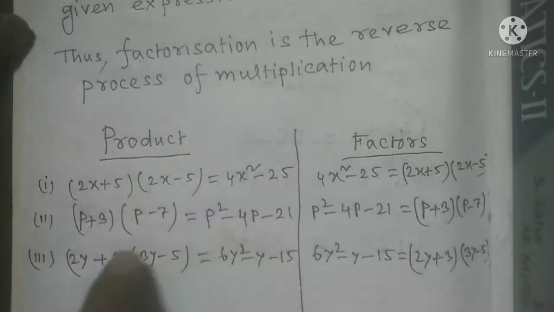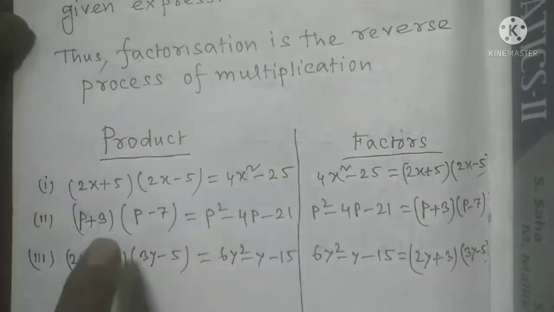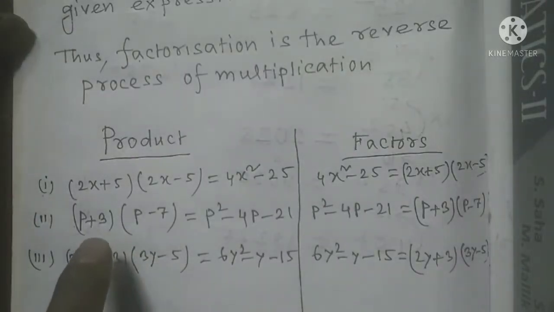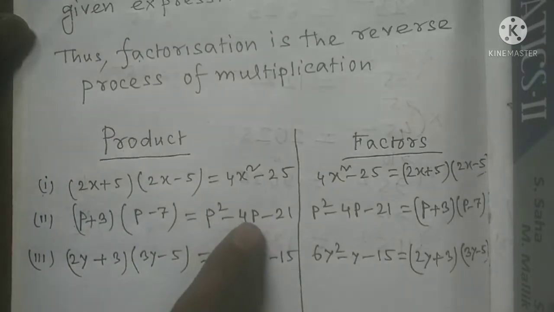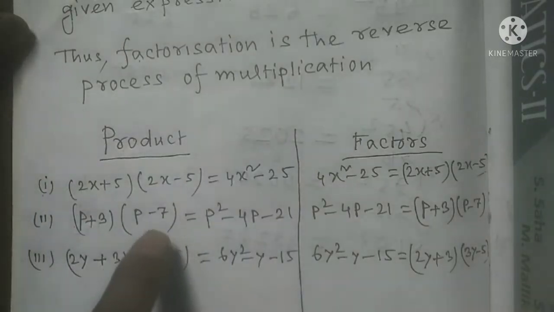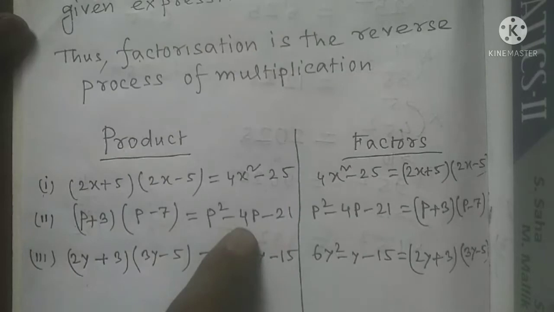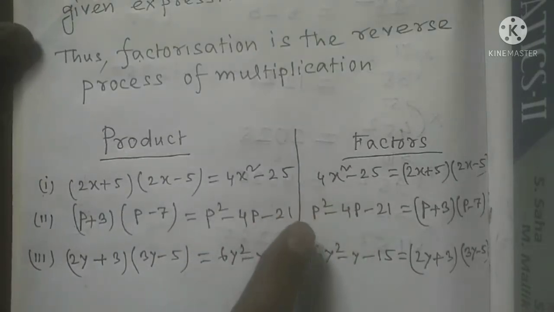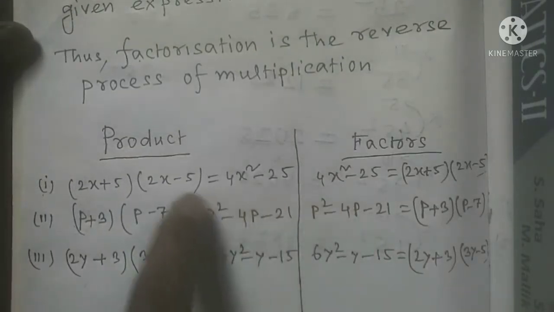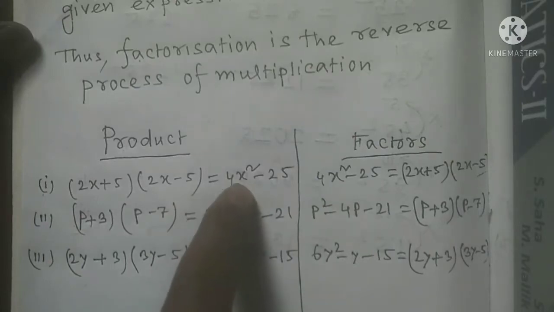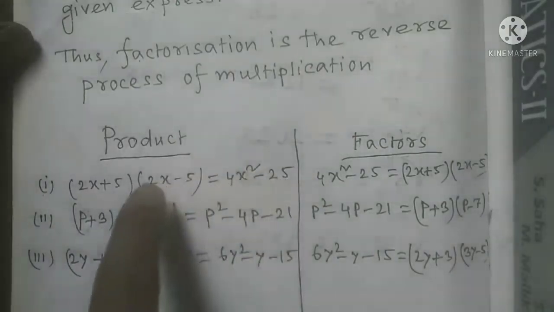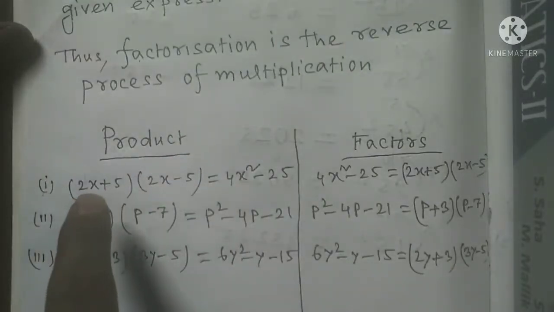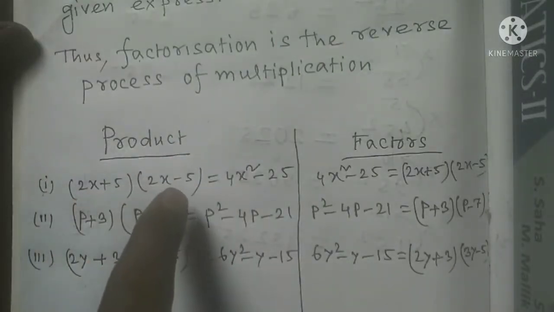If you multiply p plus 3 with p minus 7, then you get p square minus 4p minus 21. So both are factors of this expression. Here also, in the reverse process, if you factorize 4x square minus 25, then you can make the product of 2x plus 5 and 2x minus 5.